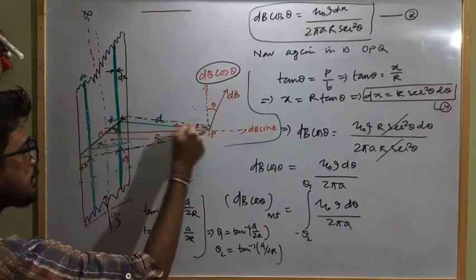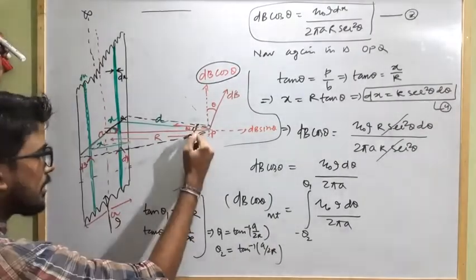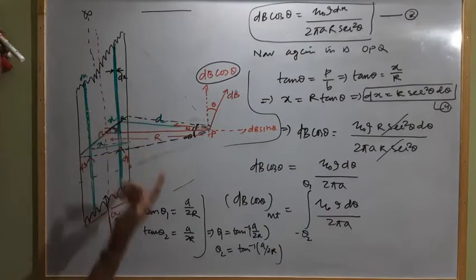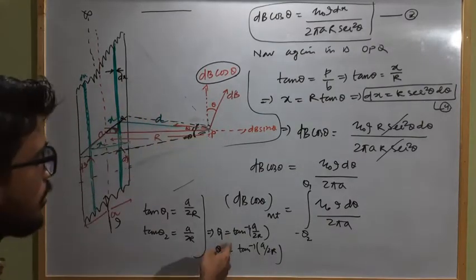Because this edge to edge, this angle will be theta 1 and theta 2, this length will be r, this is 90 degrees, and this length will be a by 2 and a by 2. So from this triangle you can calculate the values of theta 1 and theta 2.